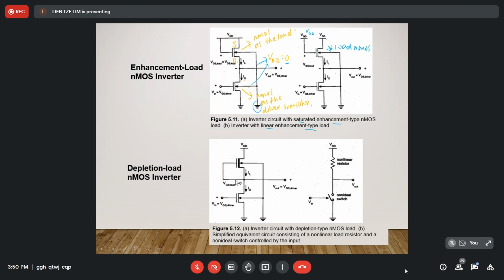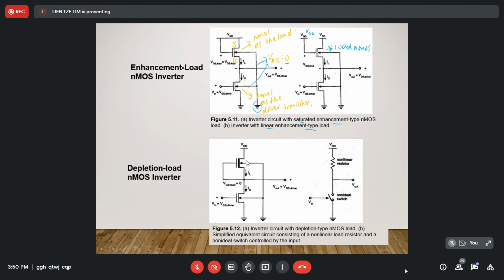This line is the input to the load NMOS. And then the input to the NMOS of the driver. This NMOS is the driver transistor. So the input is equal to VGS. It is quite similar to the enhancement type.